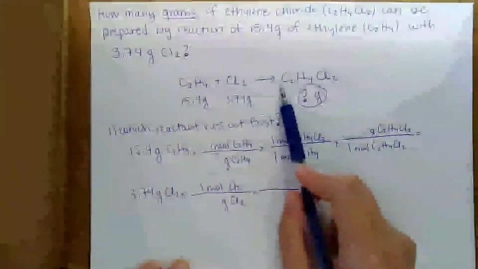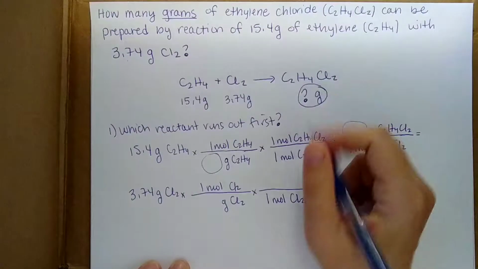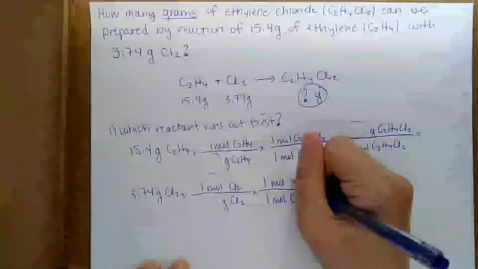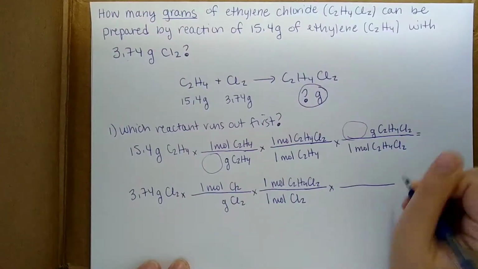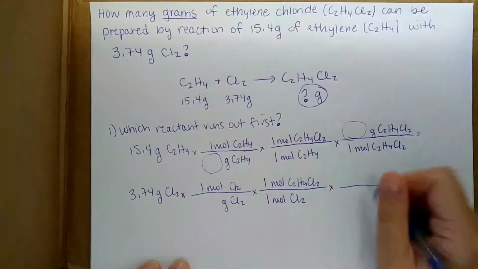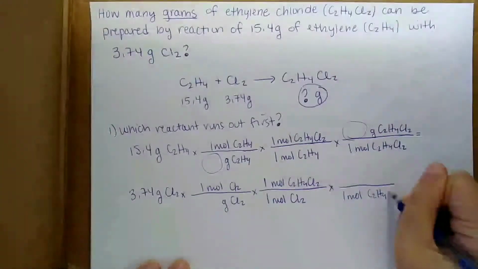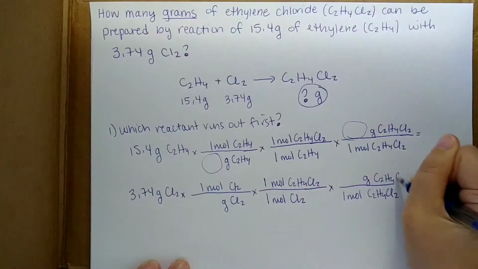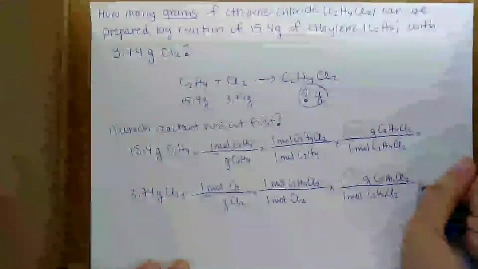So every 1 mole of this gives 1 mole of this. This time it's trivial. Usually there are coefficients here, so you always have to do this step. C2H4Cl2. And then finally, once again, we're just going to go from moles into grams. So 1 mole of our product here is however many grams that ends up being. Once again, these are the 2 things I need to evaluate.